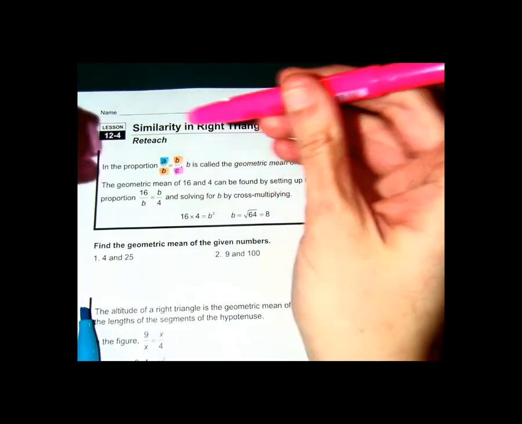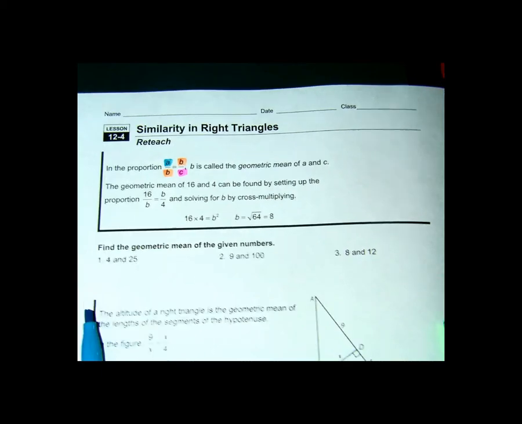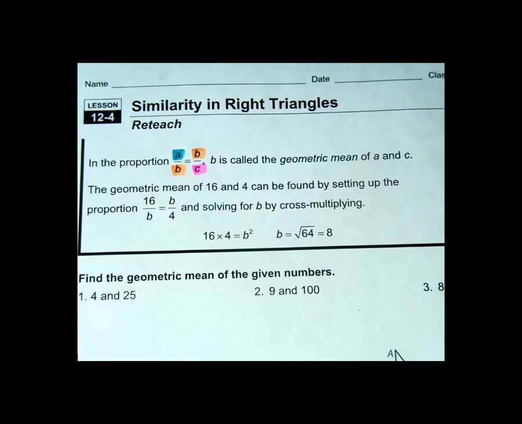This also relates to right triangles, and I'll show you how in a minute. So there is the formula we're going to use for numbers 1, 2, and 3.